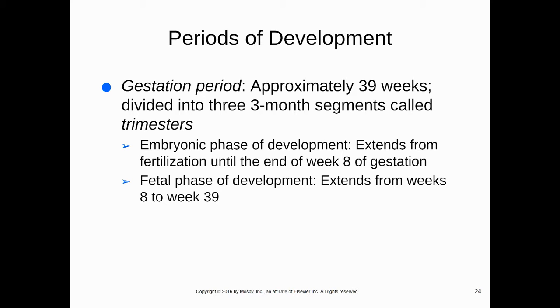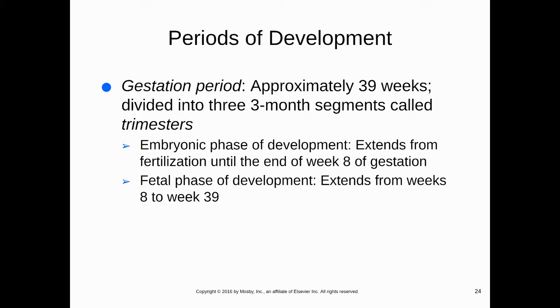This is divided into almost 3-month segments. They're really not 3-month segments, and they're called trimesters. So you have your first trimester, second trimester, and third trimester. Now, technically within that is the embryonic phase of development, which is from fertilization to week 8. So that can be your second month essentially.